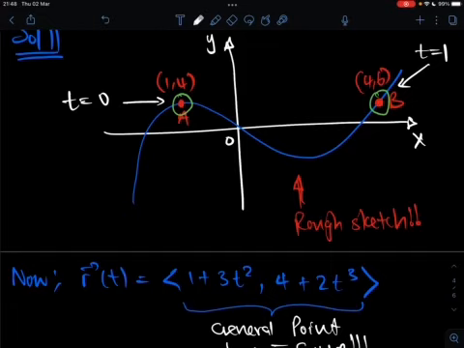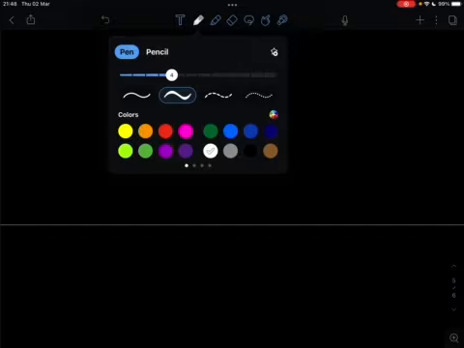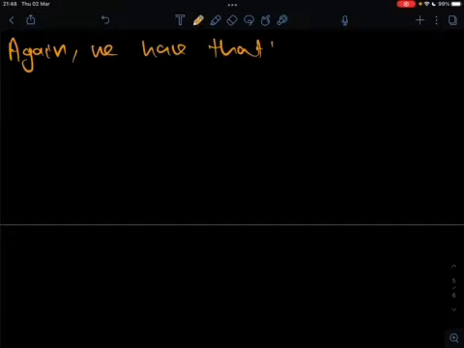So now knowing our interval of integration, now it's time to find the distance. You see, so to find the distance, what we do now is we differentiate our position vector to get r prime of t, which is equal to what?